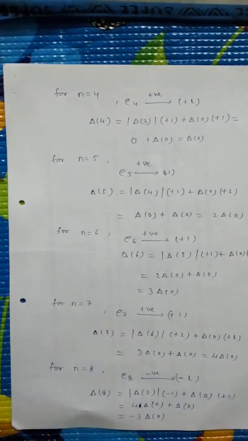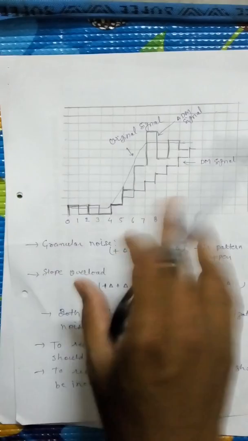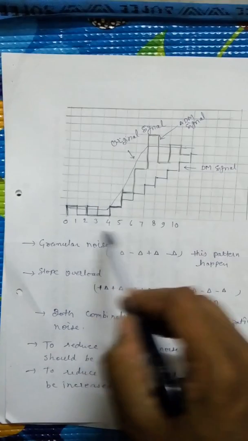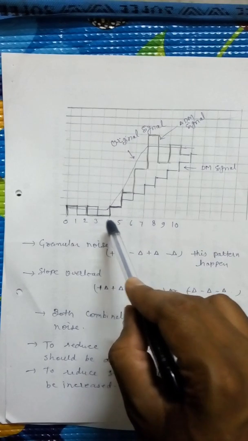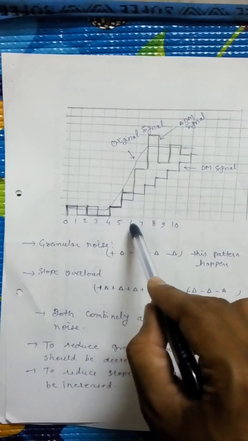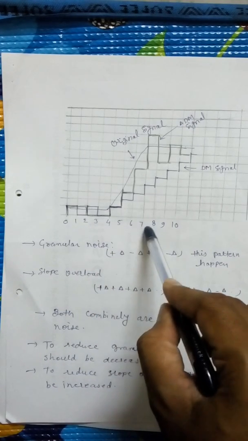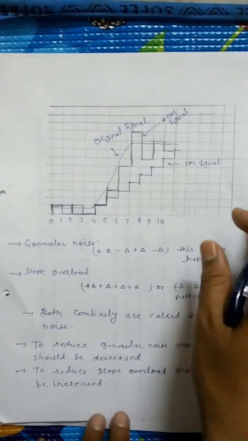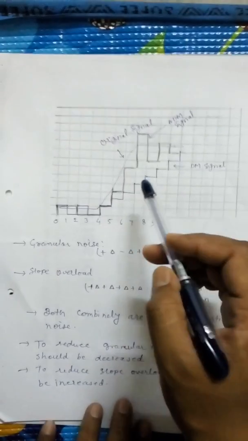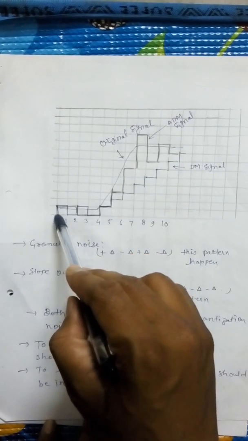In this way we have to calculate the step size for every value of n, and we get our adaptive delta modulated signal like this.